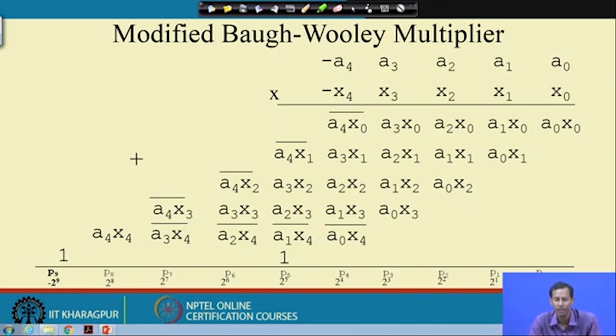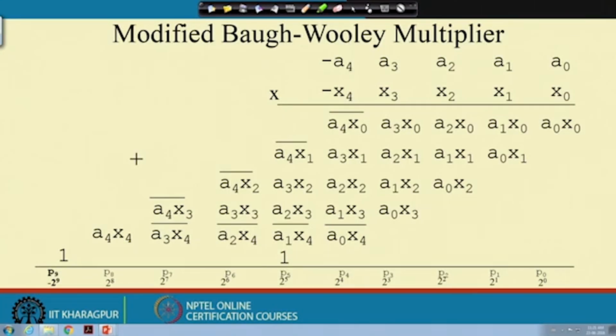Now, you can use any tree structure for addition of each of these operands or multiples, or for each stage you can use a carry propagate adder or any fast adder to sum up all these partial products. To obtain the final product, you can add these partial products your way.